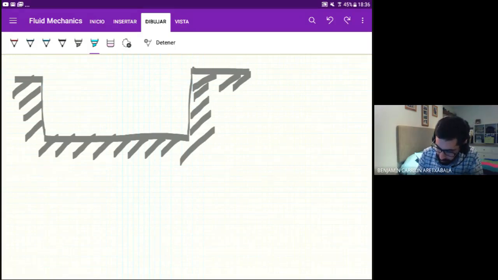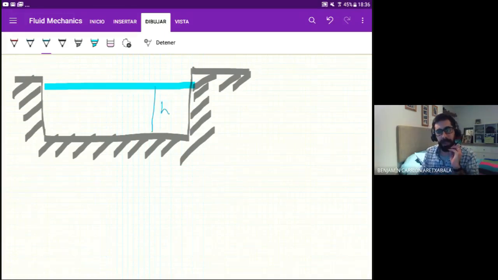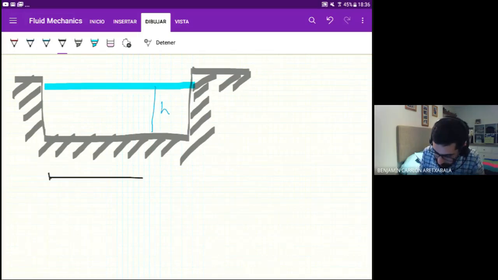We're gonna have a depth of h meters, and this is also very standard, we're gonna say that this pool has a width w.